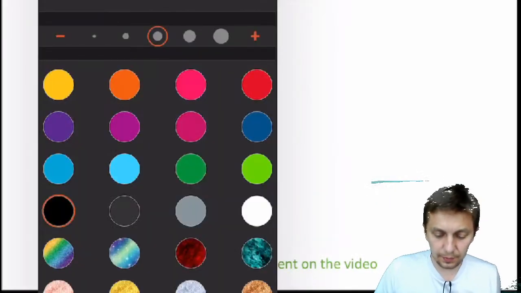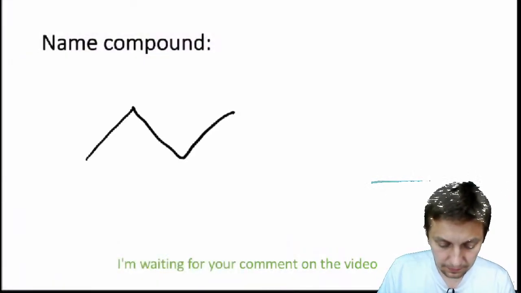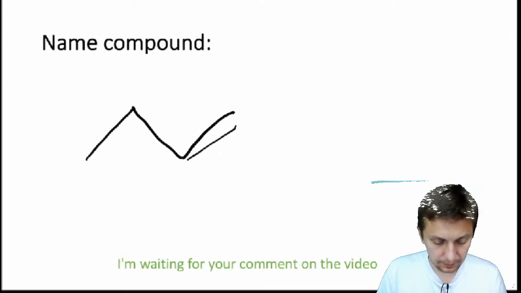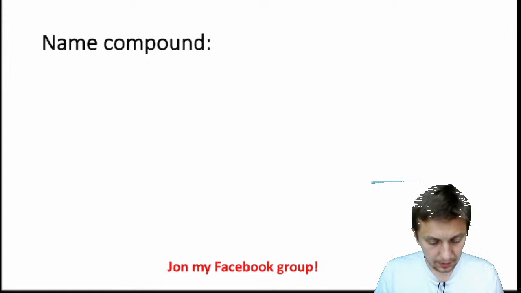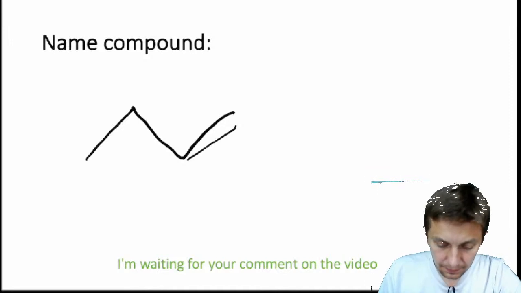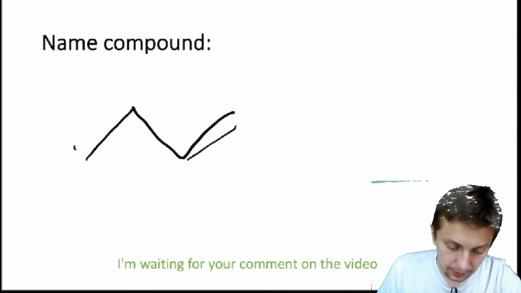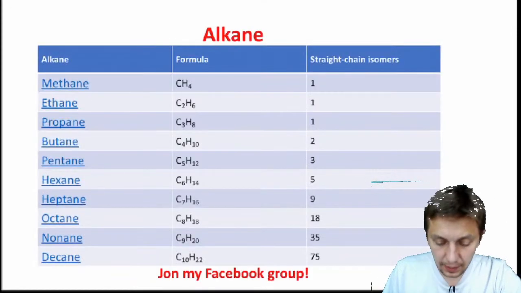And let's train. For example, we have this compound. We have 1, 2, 3, 4 carbon atoms.